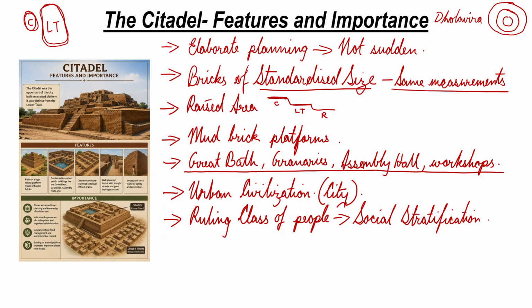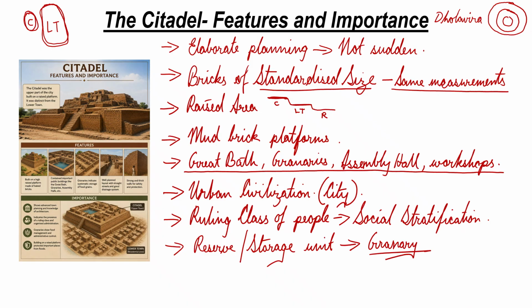Means society had different layers. And the citadel was also used as a reserve or storage unit. Why? Because we find the existence of a granary inside the citadel.